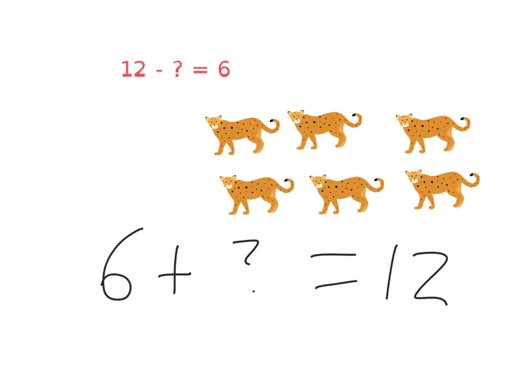We have 6 cheetahs. How many more do we need to add up to 12? I'm just going to add on one at a time until I get 12. That's 6. That's 6 add 1 is 7. Add another one is 8.